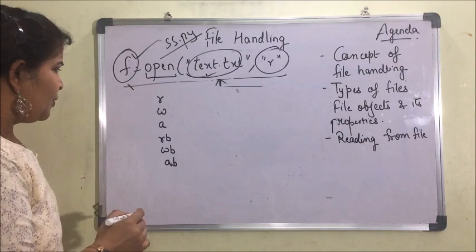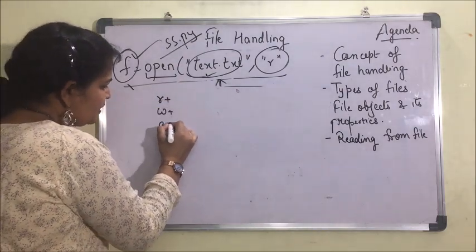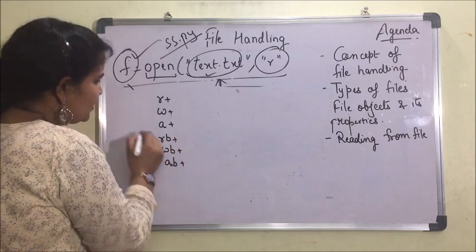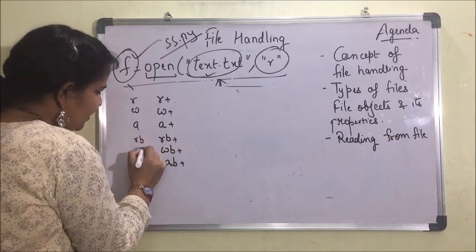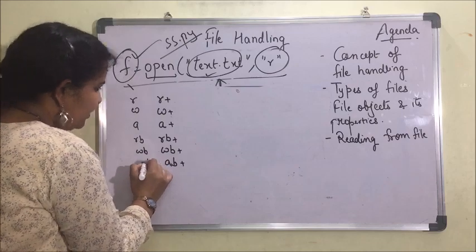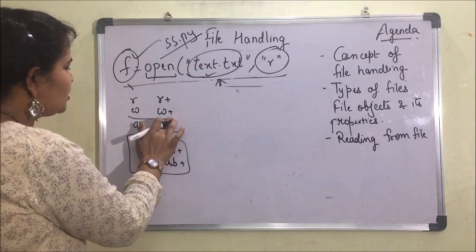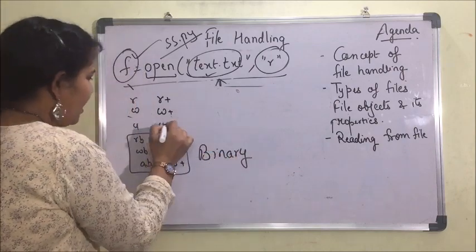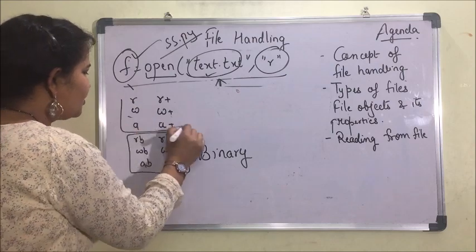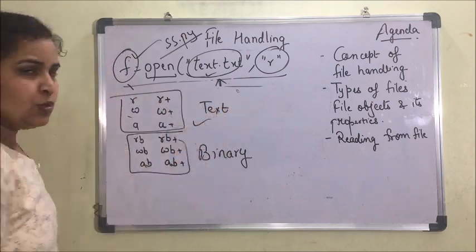Or you can use r plus, w plus, a plus. So these modes are for binary files, and these modes are for text files, which we will be using.